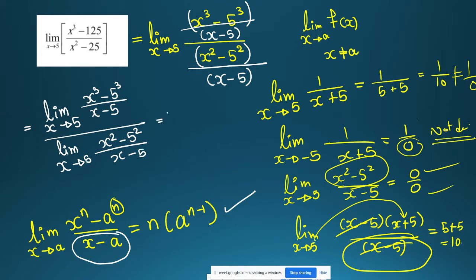Can anybody tell me what is my numerator now? By the formula. Just try to use the formula, everyone. Just see the formula is there on the screen itself. See what is changed.